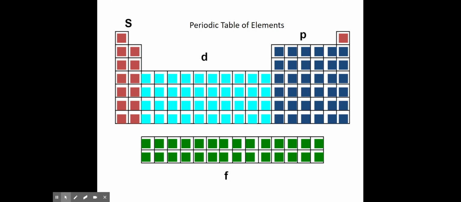I do want to point out that the very top left corner is hydrogen, the lightest element on the periodic table, the only element that has just 1 proton. The next element up is helium.